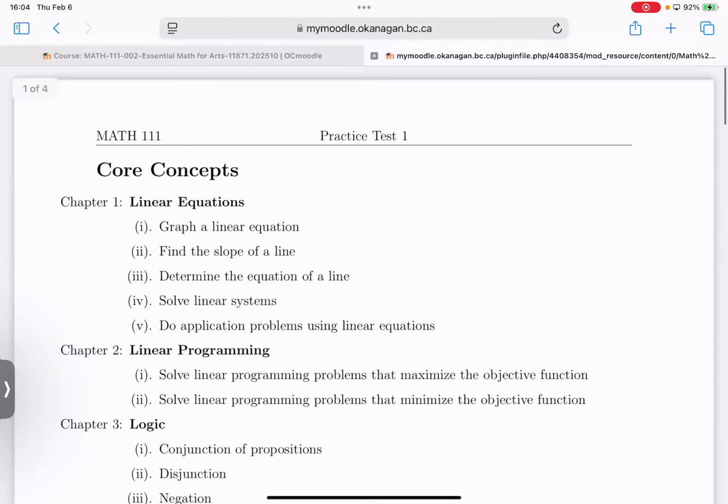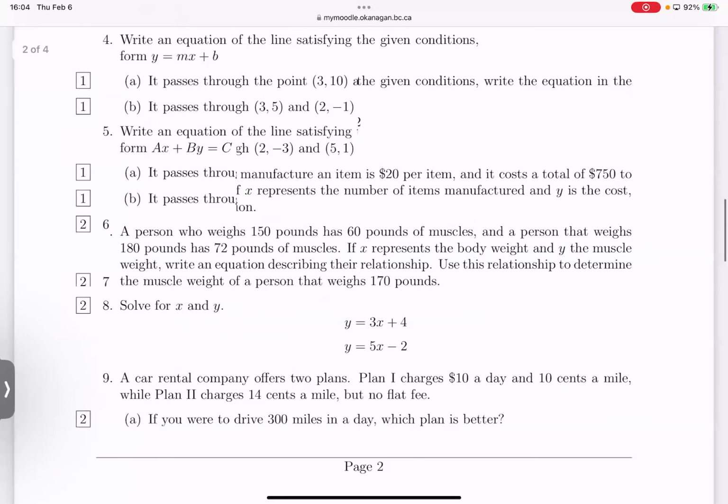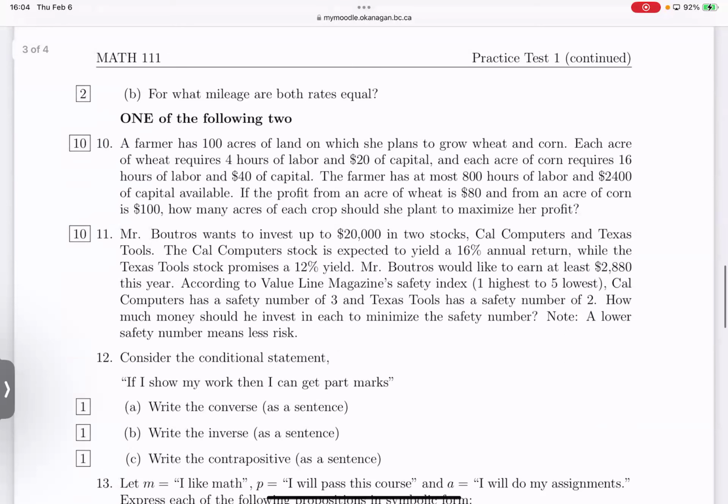So I posted this on Moodle, and the only thing is it's hard because I don't know the length. Usually in my go-to courses, I have a good idea of how long questions take. I have a rule where I take the time that it takes me and then I triple it, and that's a good time for you guys.